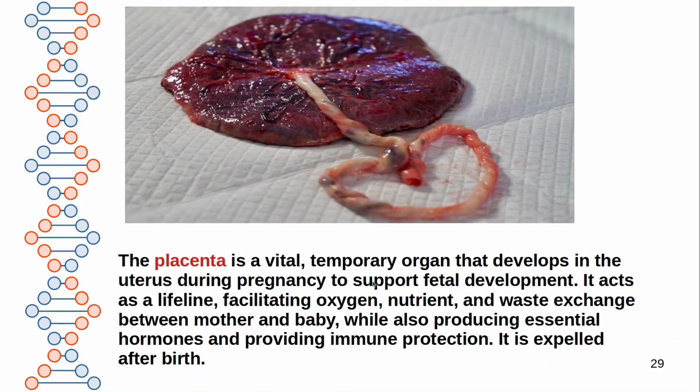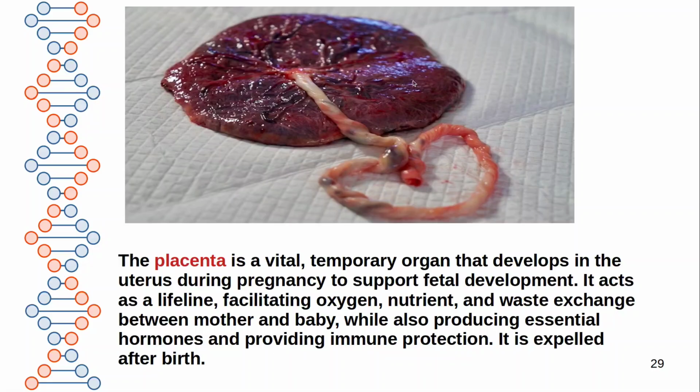It acts as a lifeline, facilitating oxygen supply, nutrient supply and waste exchange between mother and baby, while also producing essential hormones, providing immune protection, and it is expelled after birth.